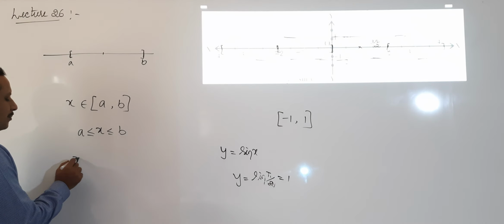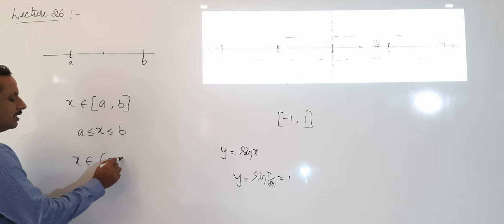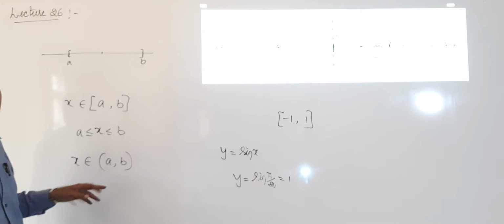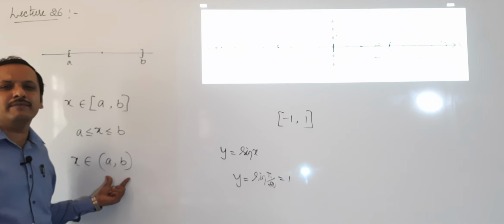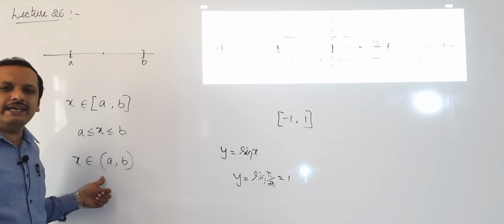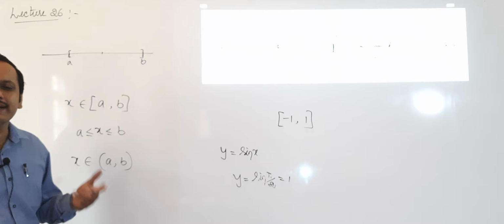Open interval means the points which are in between A and B are included, but A and B, the endpoints, are excluded.